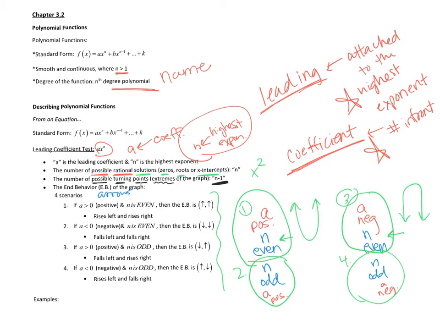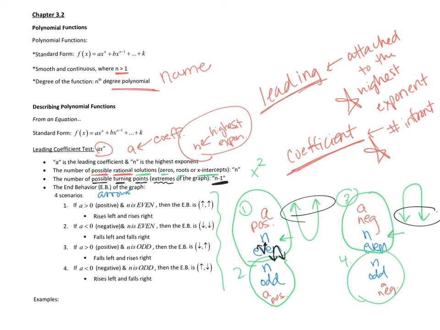So what do I notice? Anytime that we have an even function, my ends are going to either open up or open down. The easiest way that I can think about this is by literally looking at the word even, and it helps me know what the ends are going to do.